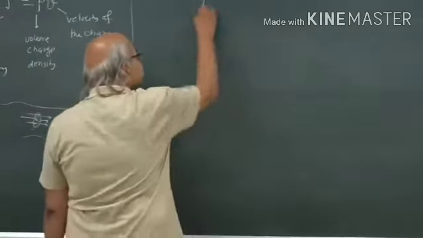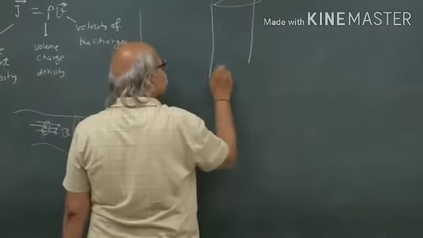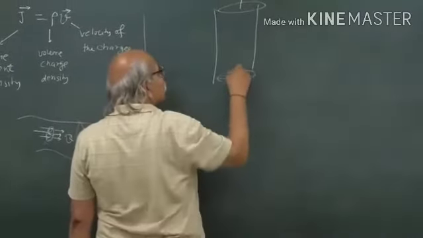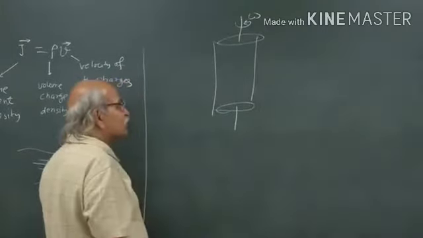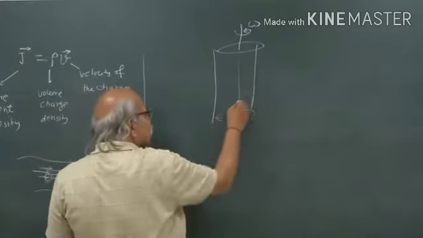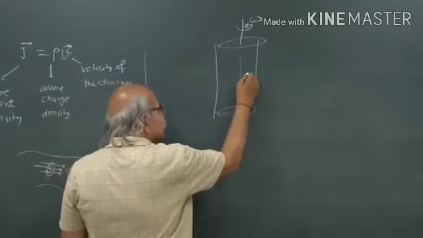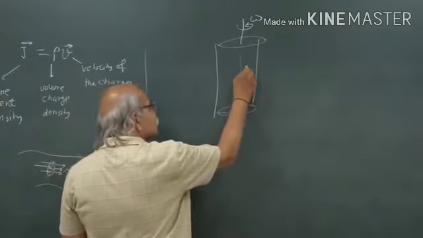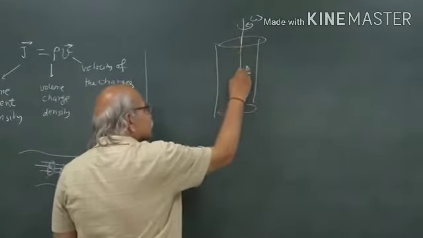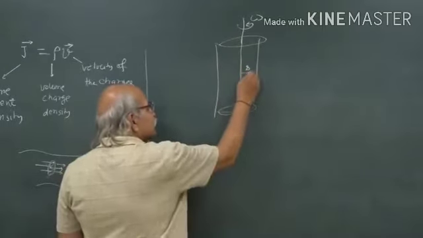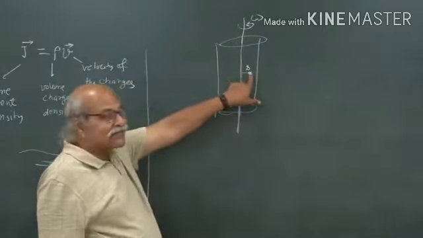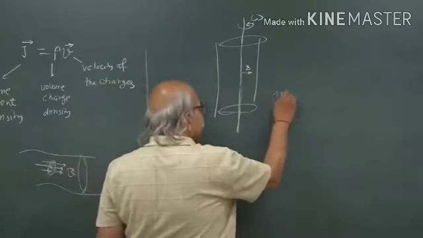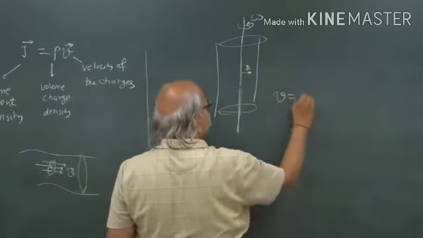If you have this cylinder which is rotating about its axis with an angular velocity omega, and you have a point at a perpendicular distance s from this axis, then the speed will be s times omega.